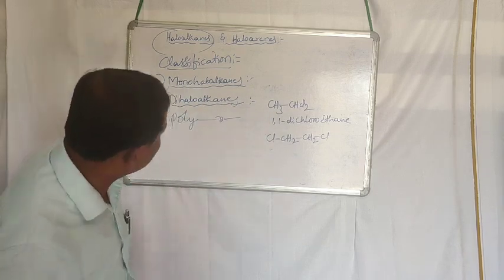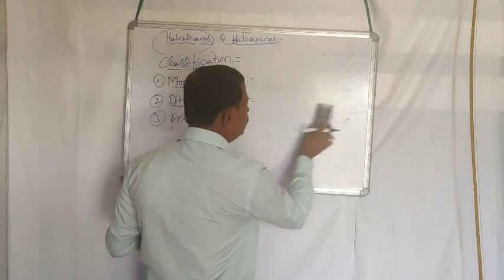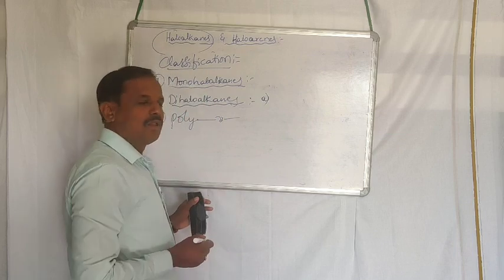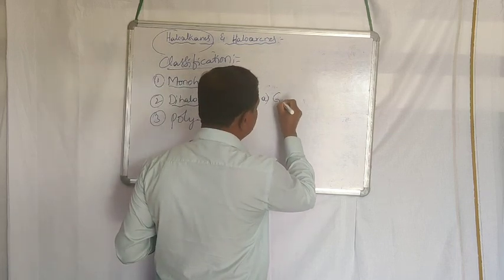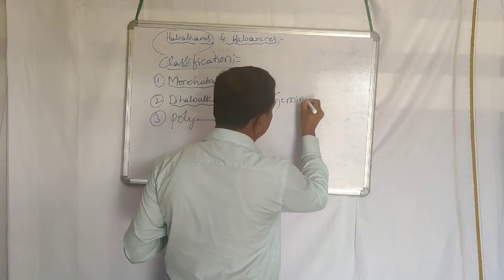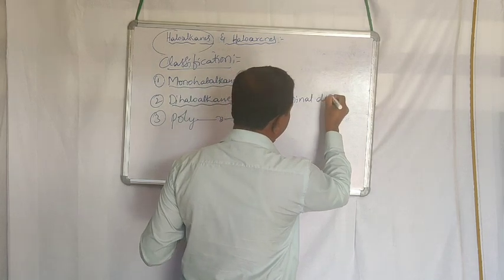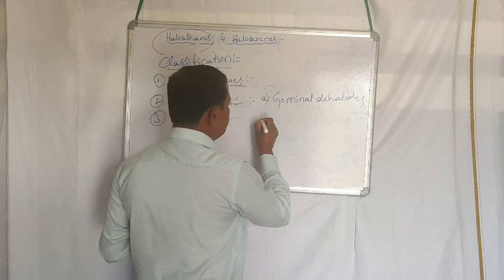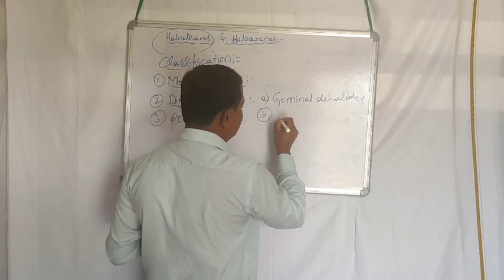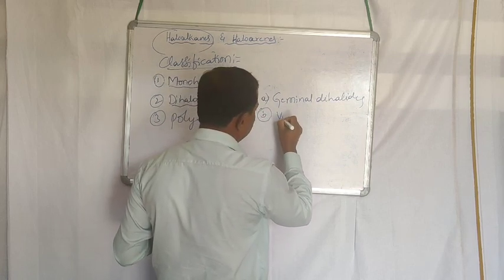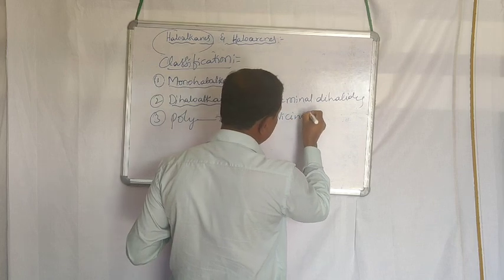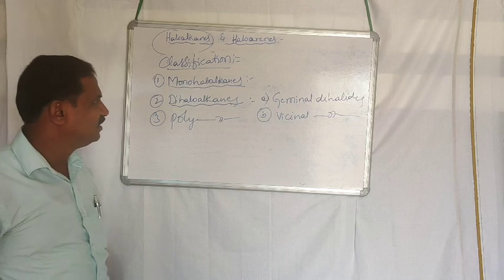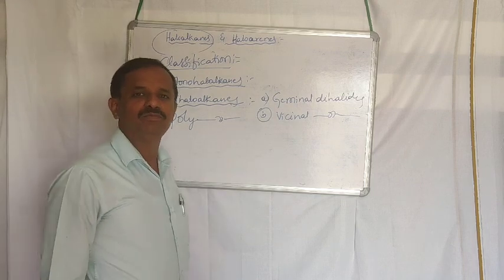Again, these dihaloalkanes are classified into two types. Number one is geminal dihalides. Number two is vicinal dihalides. What are geminal dihalides? Gem means same.